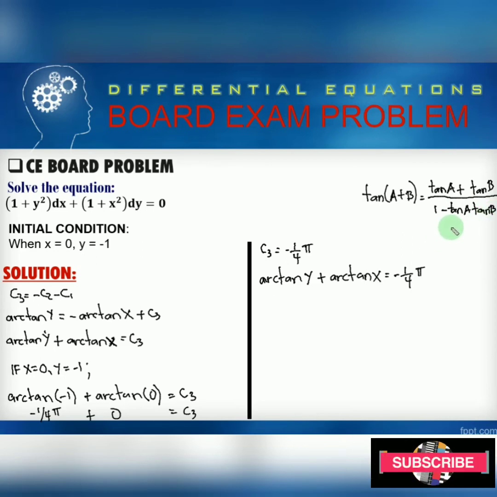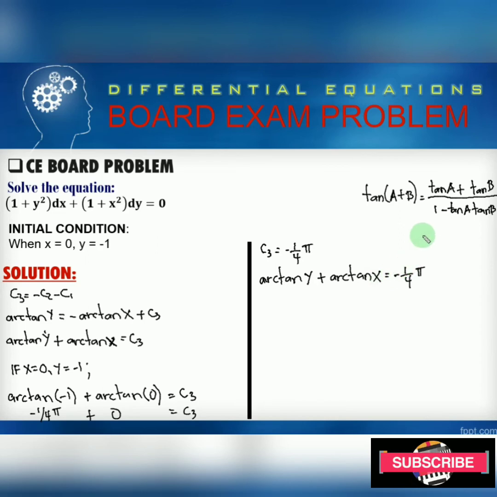So you can check this tangent property, and we will use this property here. So how will we use this property from our equation here? The arctangent y plus arctangent x is equal now to -1/4 pi. How will we apply this one?